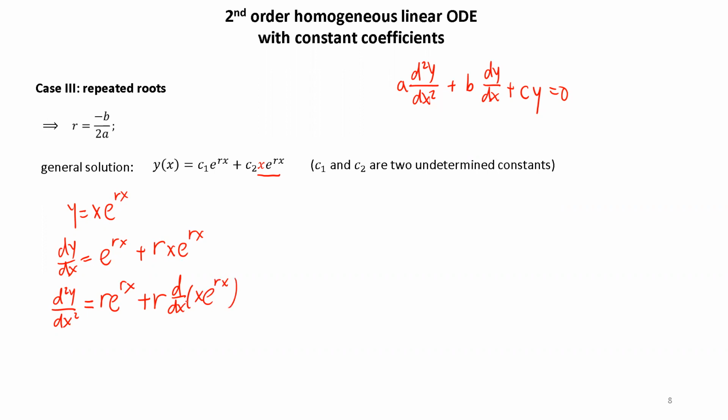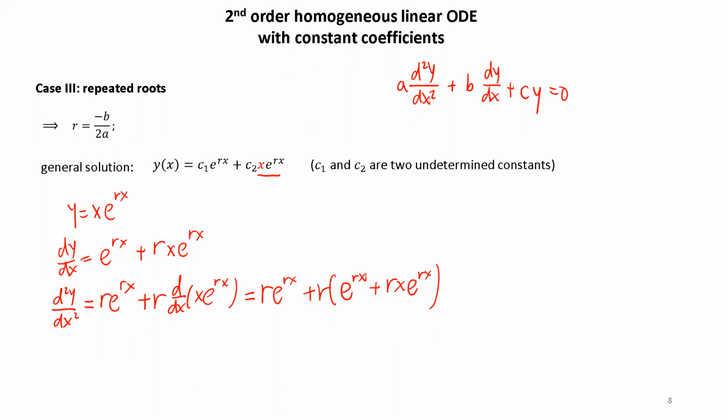And the second term here is actually dy/dx, and we already got dy/dx here. So that means this is R e to the Rx plus R times these two terms, e to the Rx plus R x e to the Rx.